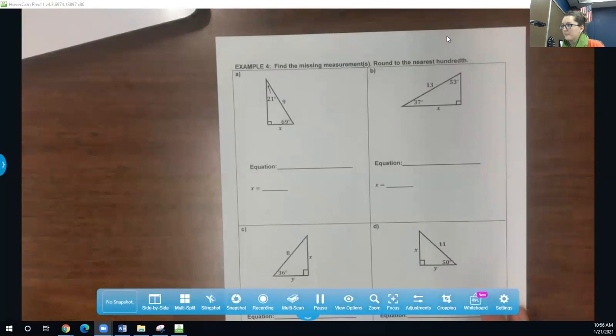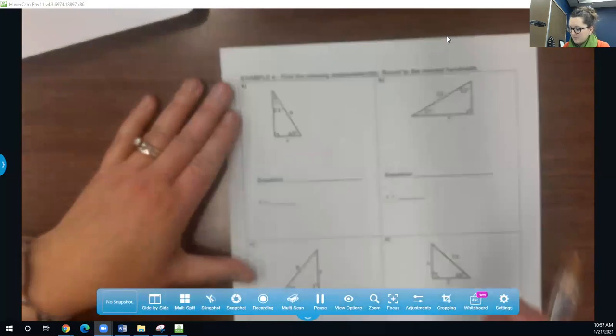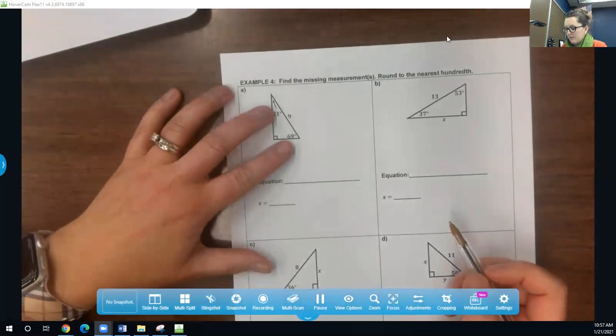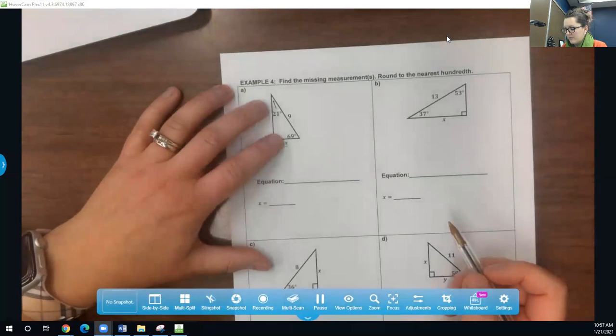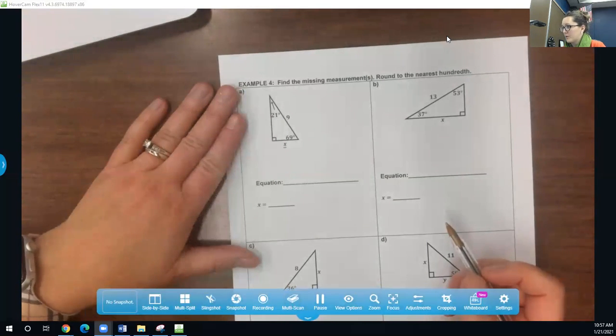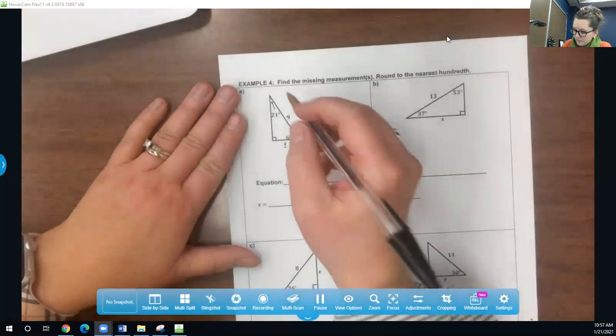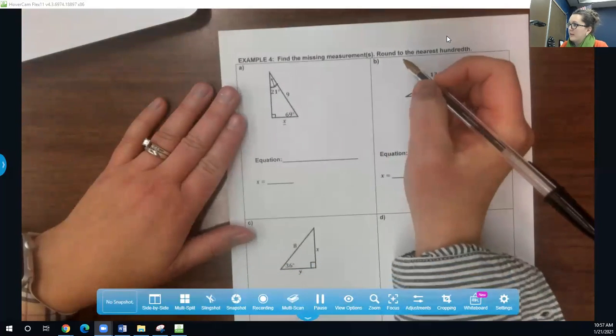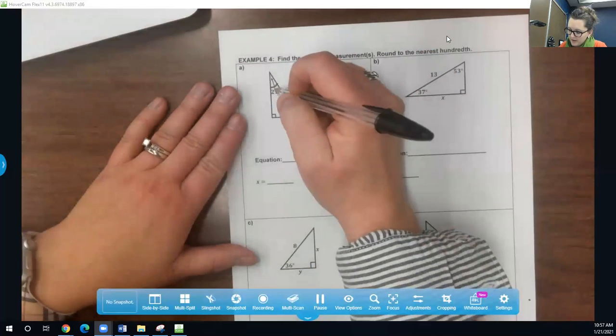All right, so let's move on to our first example here. And I want to find the missing measurement. My missing measurement is x. They give us two angle measures here, so really we can pick which one we want to start with. Let's start with 21. Now I'm going to look at the relationship of x to 21.